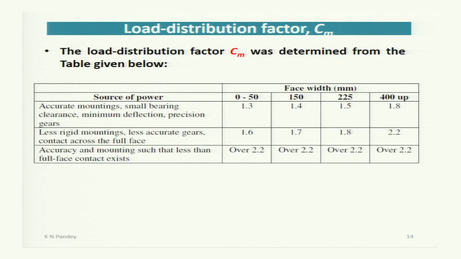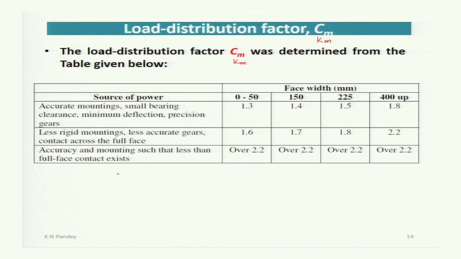Now, the load distribution factor: Cm is used for surface fatigue and Km when we are studying bending fatigue. Km is obtained similar to the spur gear, that means depending on the source of power and the face width.